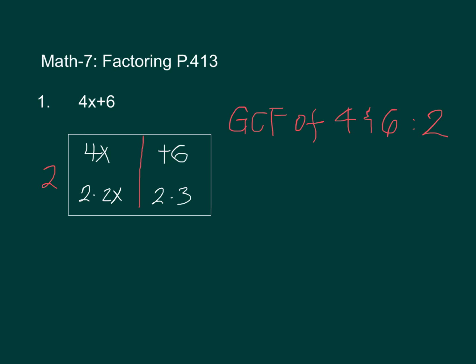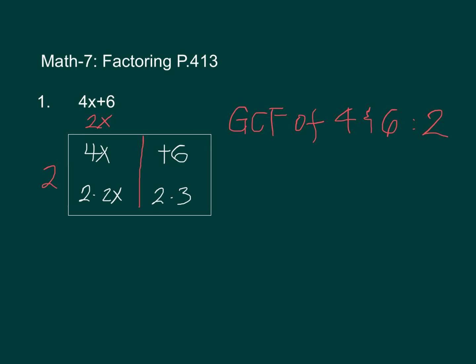Since 4x is 2 times 2x, the top part of the rectangle is going to be 2x. And then the other part is 6. The area is 6, and if one side is 2, then this side has to be 3 in order to make 6.